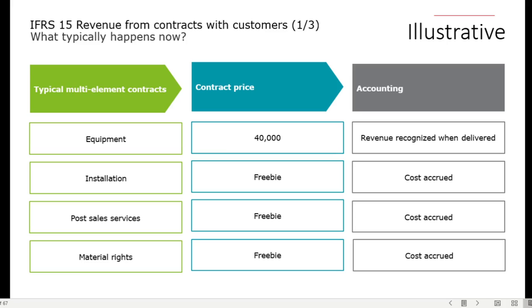Now, post-sale service: sometimes you are doing the post-sale service for more than 1 year. However, the entire revenue is recognized in the first year itself, and the cost coming from the post-sale service is recognized over a period of time, whenever you are incurring the cost. So that's what typically happens now.